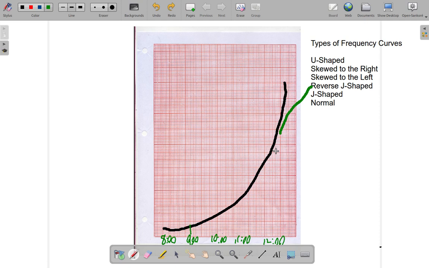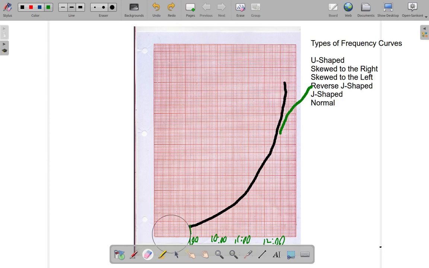So you have a rapid increase in the growth of bacteria. So that's one example of where you have the reverse J-shaped curve, or the reverse J-shaped distribution.